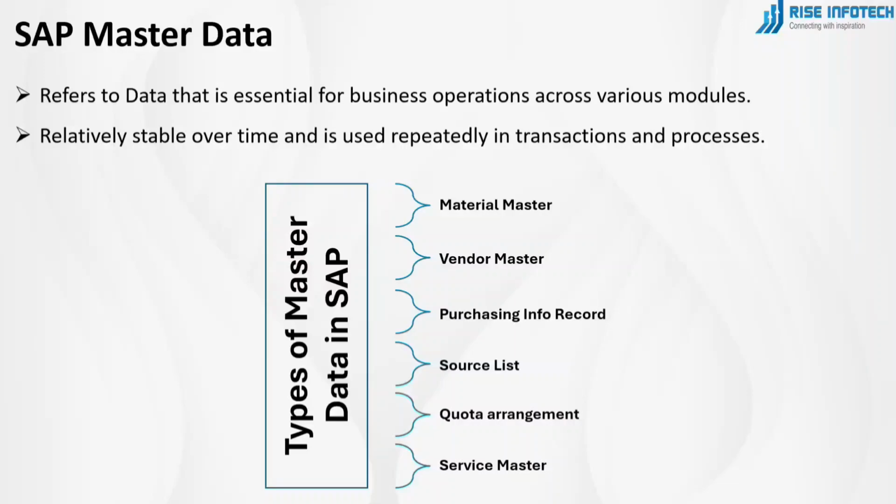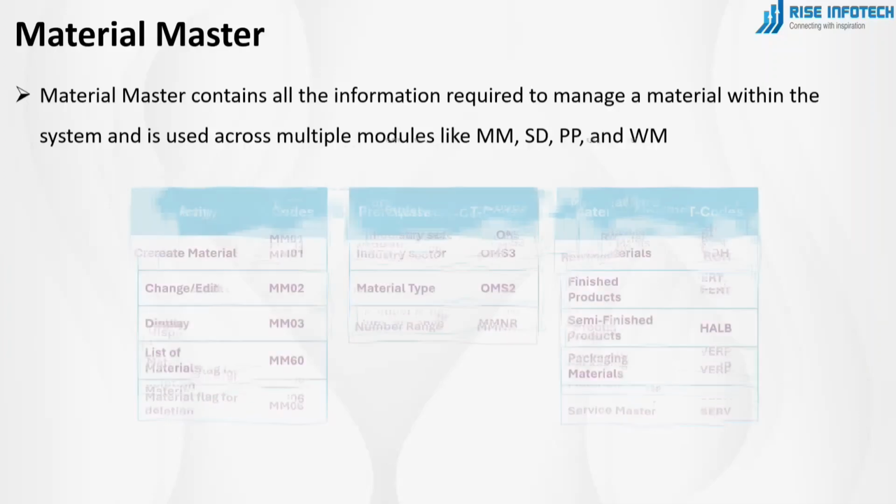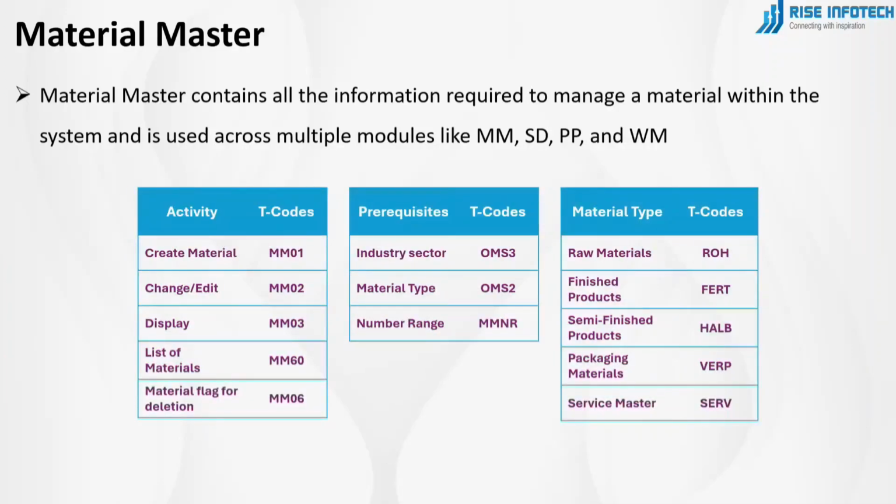Among the different types of master data, we are going to see the material master. The material master contains all the basic and adequate information needed to manage the material within the SAP system. As mentioned, with integration, it can be used across several modules, SD, PP and warehouse management. These are the activities and T codes used in the material master.